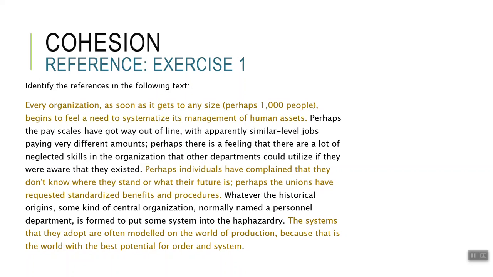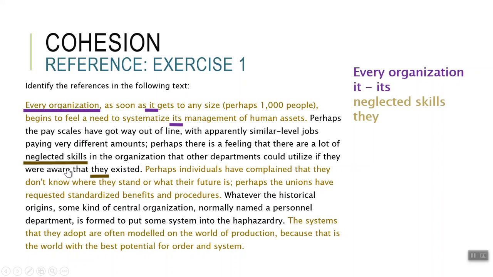All right, welcome back. So let's take a look. Here's the first reference. Every organization, as soon as it gets any size, feels a need to systemize its management of human assets. So every organization. The next one, neglected skills, they existed.